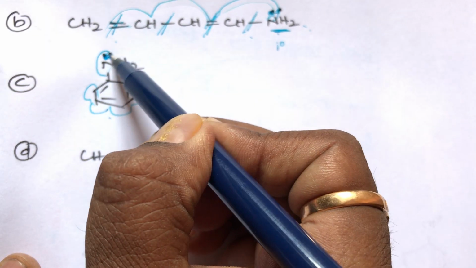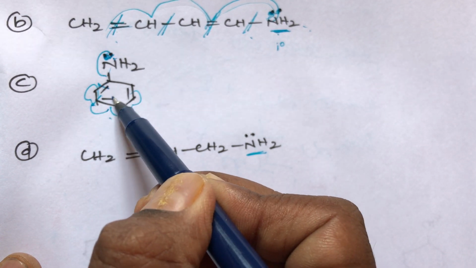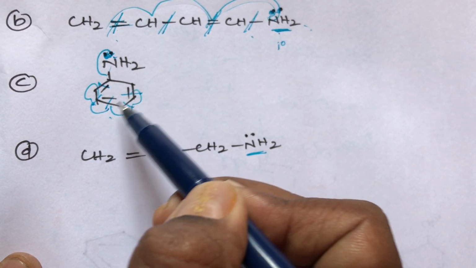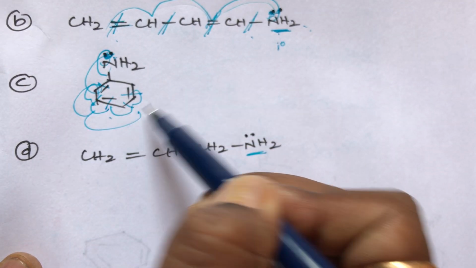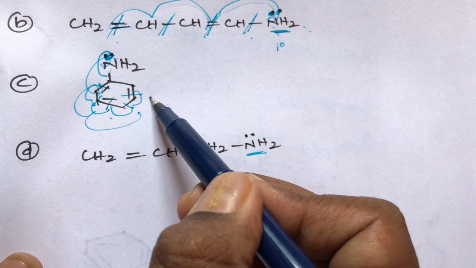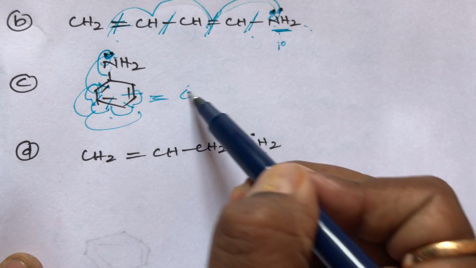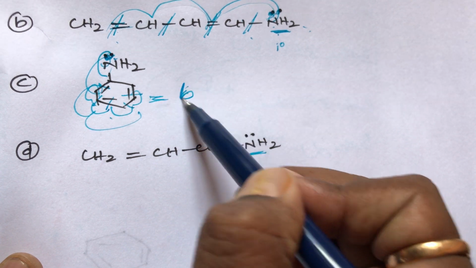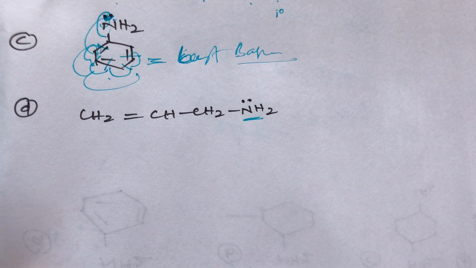Here there are three double bonds: double bond, then single bond, then double bond, then single bond, then double bond. Here the lone pair participates in the resonance three times. Compared to the B compound, the C compound is the least basic, the worst. So the C compound has the least basic strength.